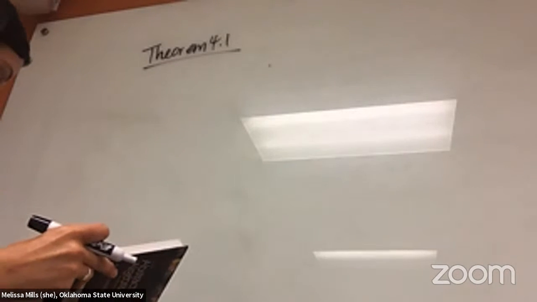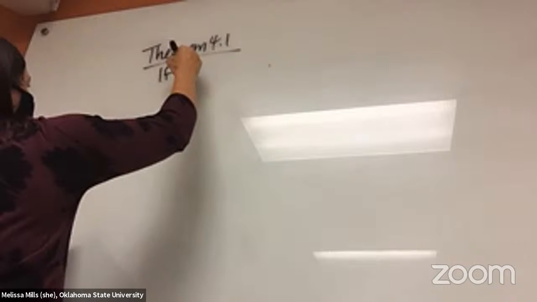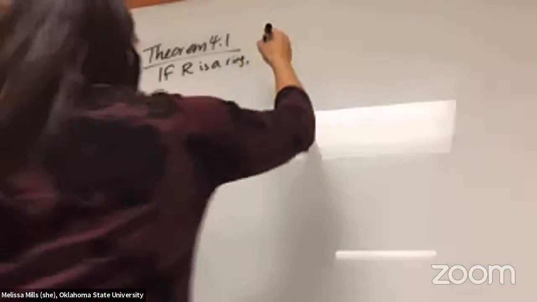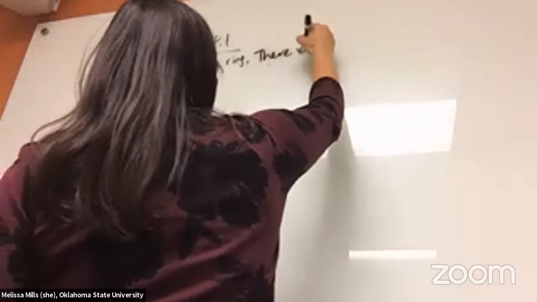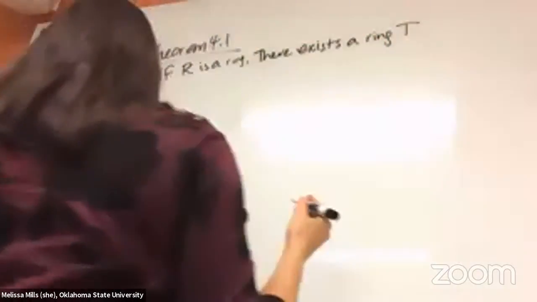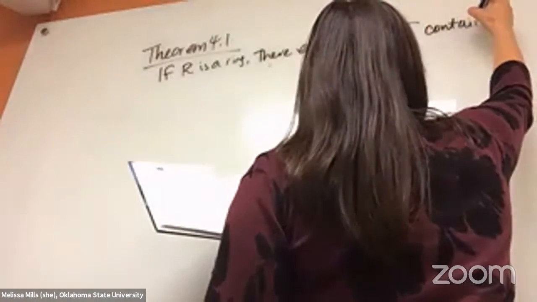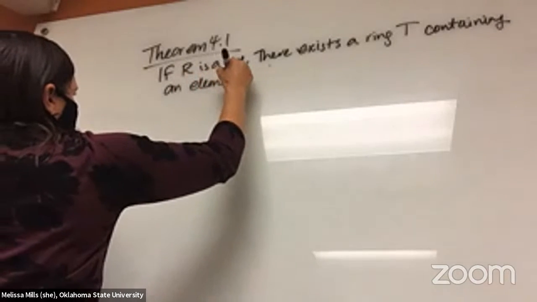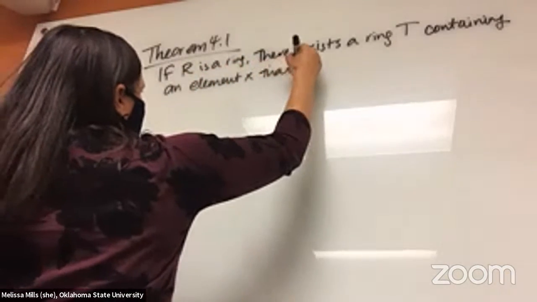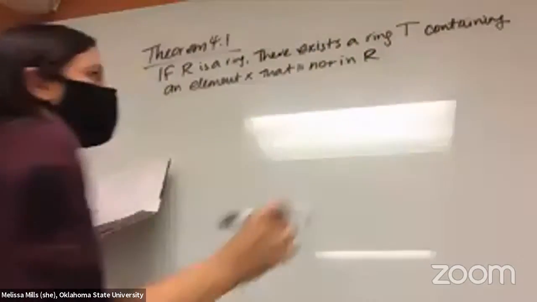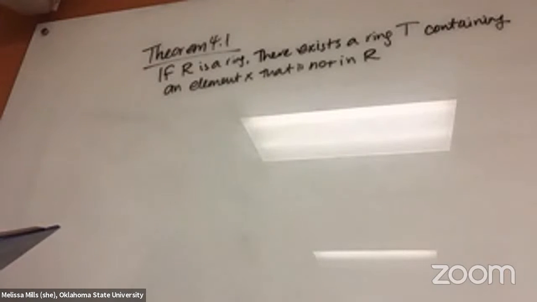So if R is a ring, then there exists a ring T containing an element X that is not in R. Now this gets to William's question, right?